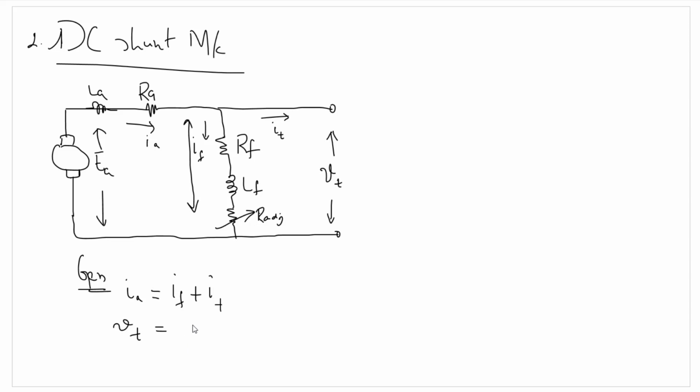So VT will be equal to IF into RF plus R adjacent, and VT will also be equal to EA minus IARA.